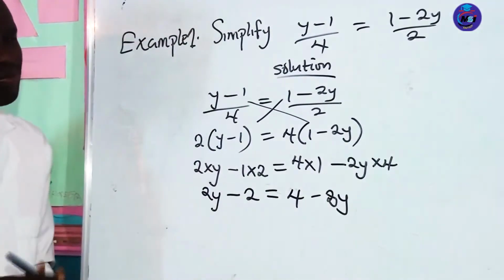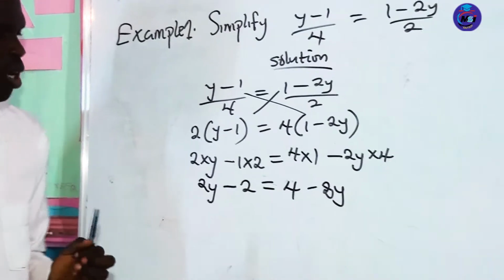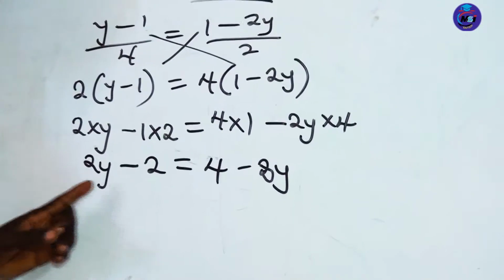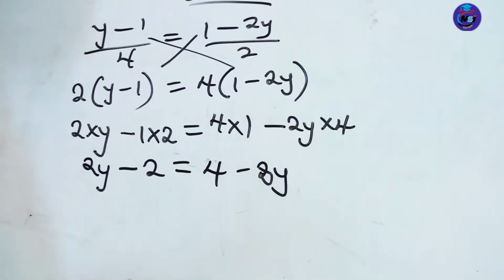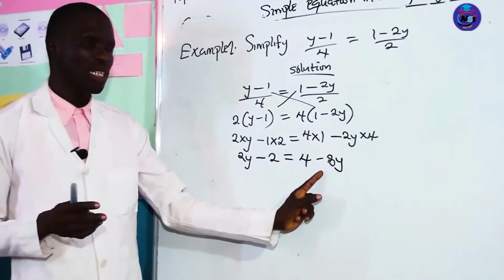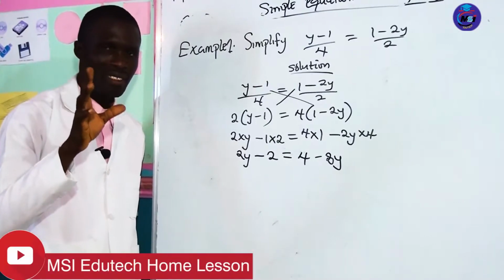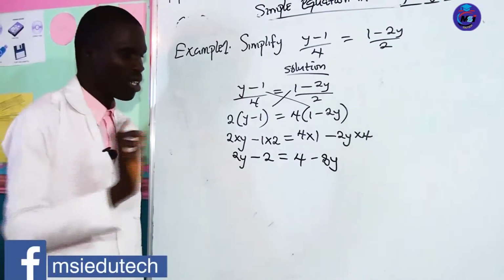Now we are going to do what we call sorting. 2y is here, minus 8y is here. We have to bring them together. But mind you, before you move any number, consider the sign at the front of such number.